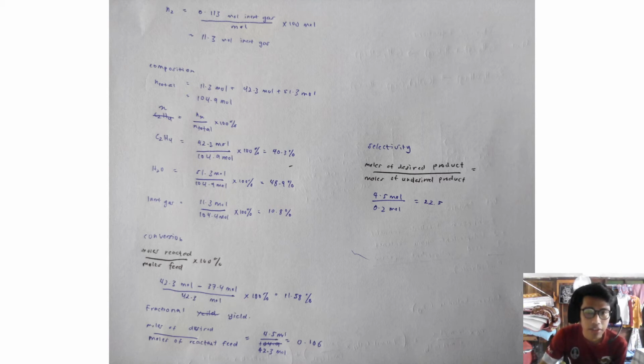Moles of desired product over moles of reactant feed. So 4.5 mole over 42.3 mole, we will get 0.106. For the selectivity part, we will need moles of desired product over moles of undesired product. So we will get 4.5 mole over 0.2 mole, equivalent to 22.5.